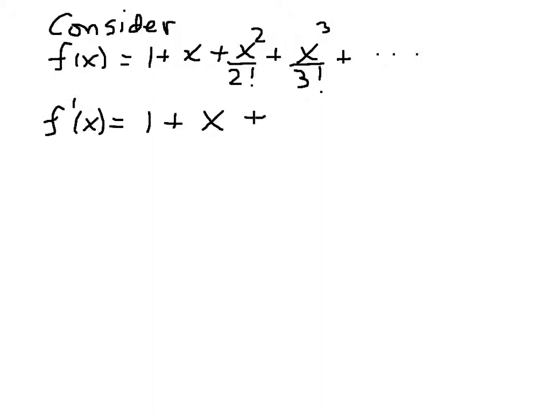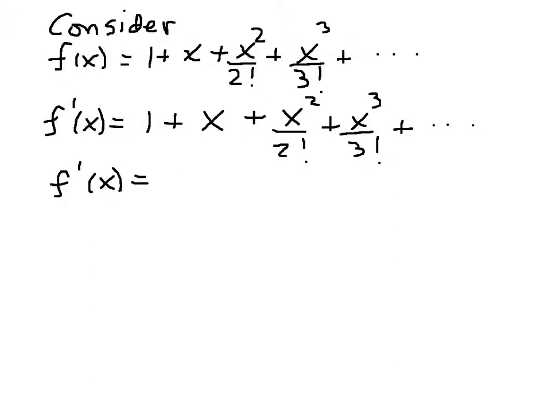And when you take the derivative of this, you get x squared over 2 factorial. Similarly, the next one is going to be x cubed over 3 factorial. Oh my goodness gracious, that tells us that f prime of x is exactly equal to f of x. And we can also go back to the original function and recognize that f of 0 is equal to 1.